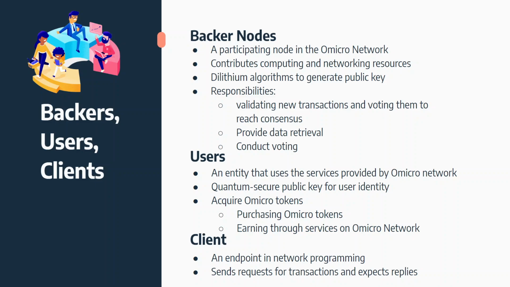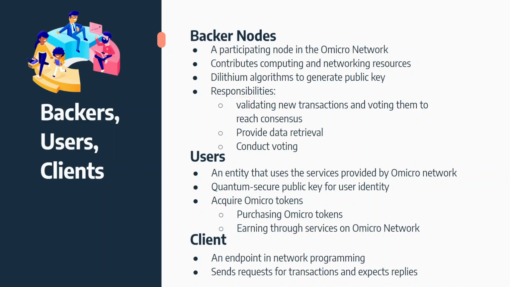More technical details about this algorithm is that it is a lattice-based alternative to other popular algorithms such as RSA and ECC, and it is derived from a shortest vector problem in a lattice, which is not known to be breakable using quantum computers. This algorithm for our public key highlights our key features and the importance of security that Omicro prioritizes.